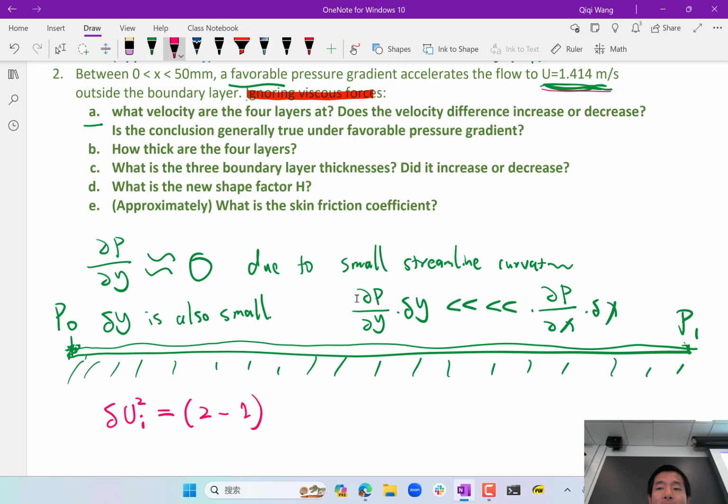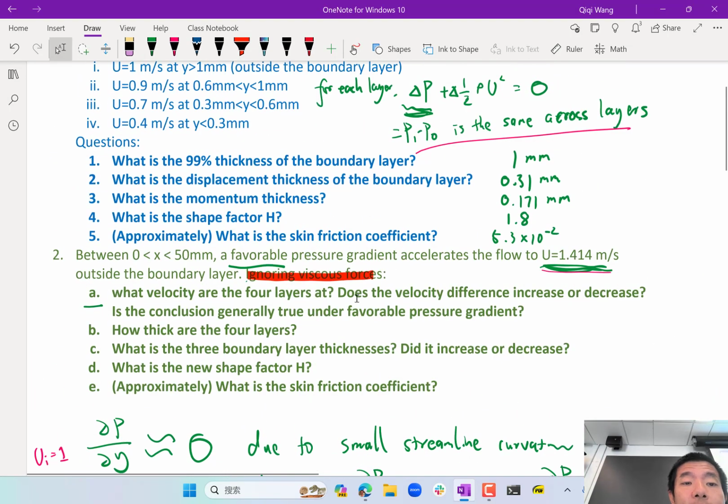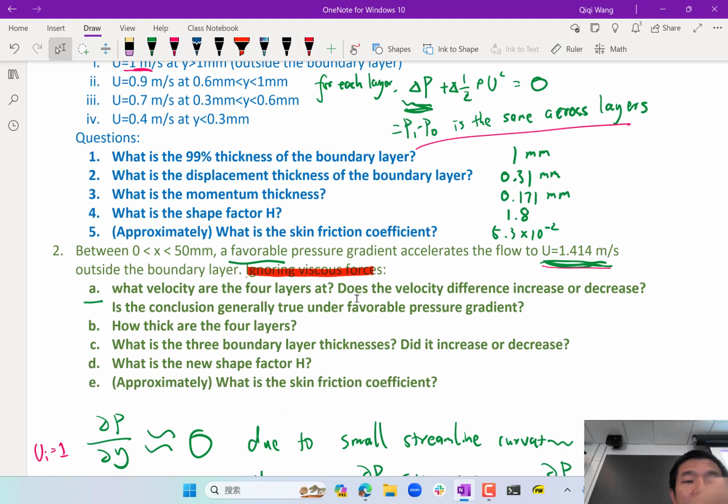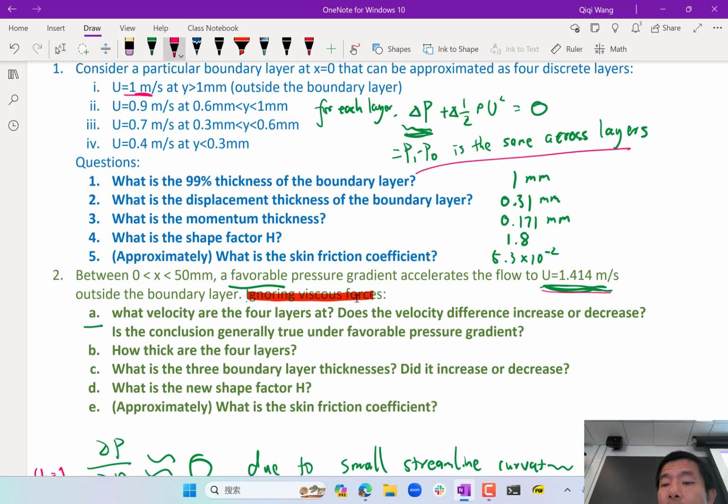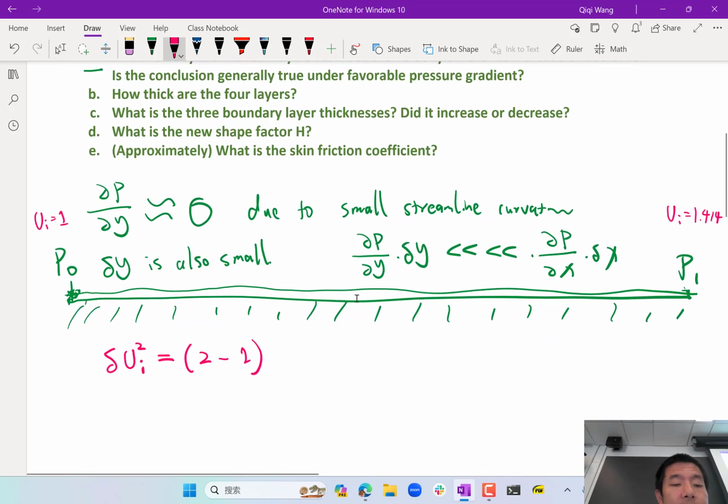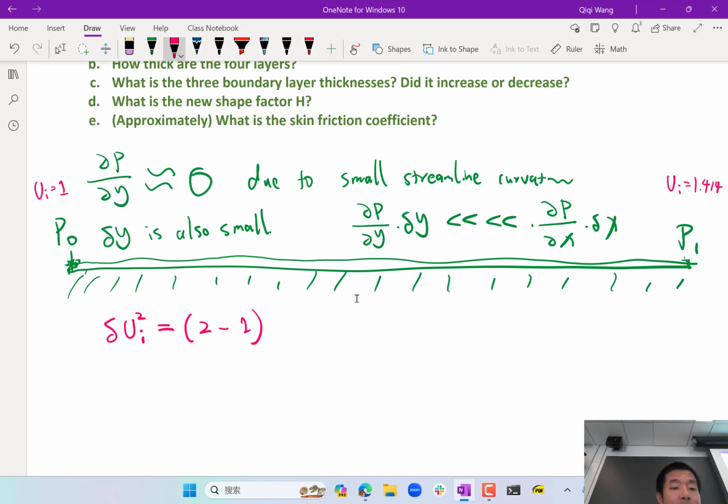This is because on the downstream location, the velocity u at the first layer is 1.414, and here the velocity at the first layer is equal to 1, as given here. So the flow has accelerated from 1 to 1.414. So the delta u in the first layer is this much.